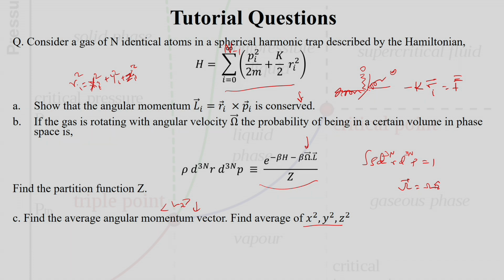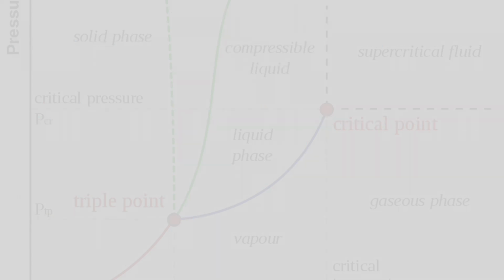Okay, so let us first try and answer the first question, and that is: show that the angular momentum is conserved. That is fairly obvious, but I am going to do it. So, Li is nothing but Ri cross Pi.